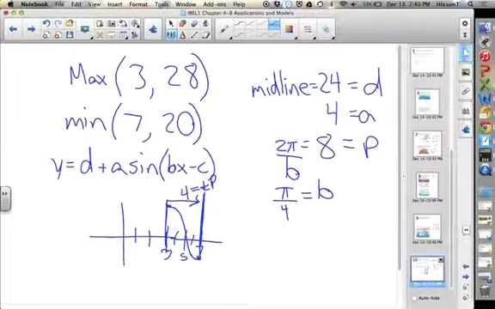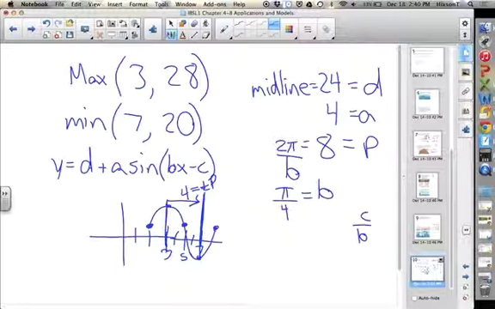Okay. Then your horizontal shift is always C over B. So for our horizontal shift, we need to go back another 2 to get to the midline. If our period is 8, then each quadrant is 2, right? That's going to be our sine curve.